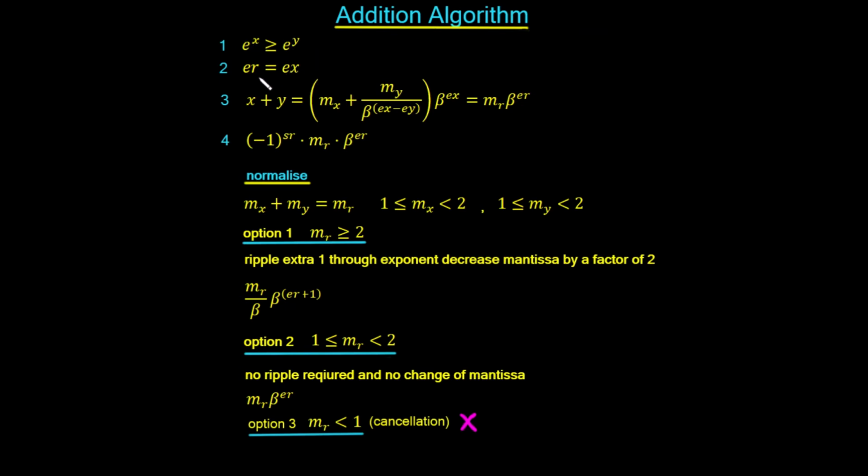Now we tentatively set the value for the final exponent as equal to ex, because that's the largest exponent value that we have here. We then go through the addition, and the addition is going to be the addition of the mantissas. So we take the mantissa for x, which is the larger one, and then we add on the mantissa for y.